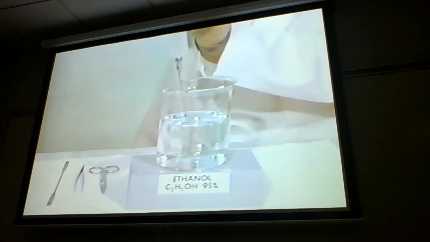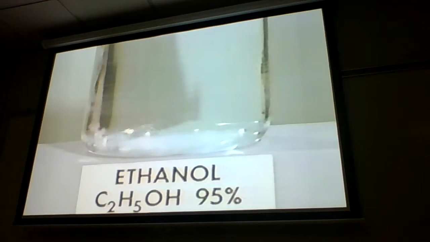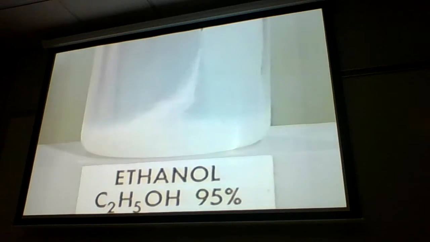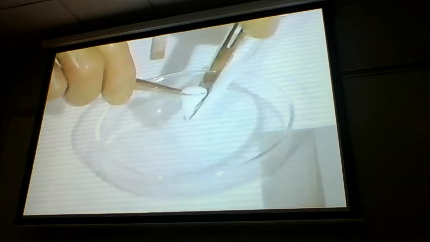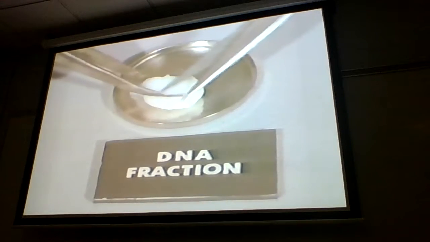The liquid is drawn off and injected into alcohol, which precipitates the DNA. These threads of DNA material can be readily collected on a glass stirring rod. A sample of the DNA fraction is removed for measurement of its radioactive content.